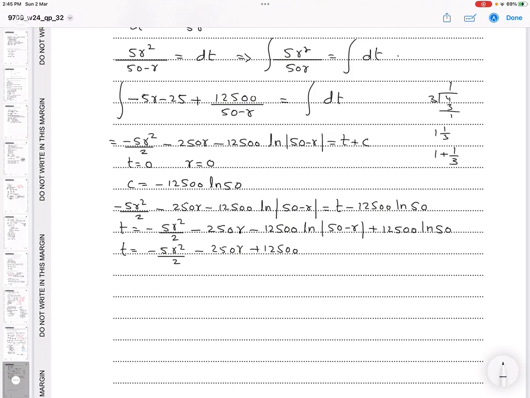Actually, if you write it vice versa, first you write 12,500 ln 50 minus 12,500 ln modulus of 50 minus r, because now they become minus, so you have to divide. So you can write 12,500 ln 50 over 50 minus r. That's it for this part.